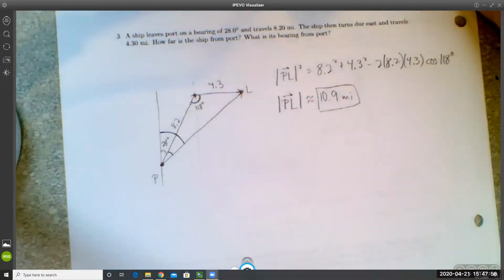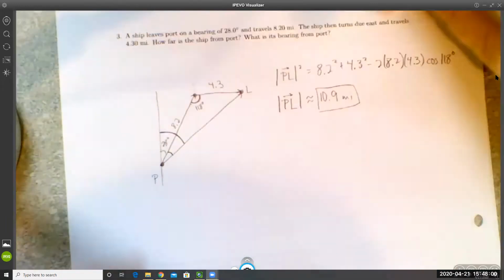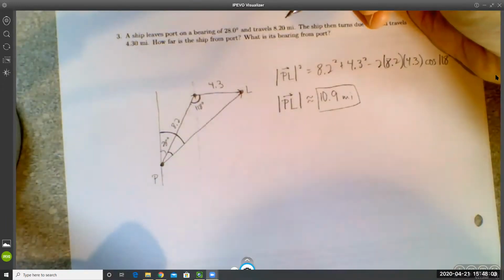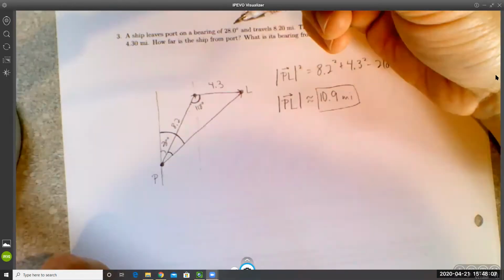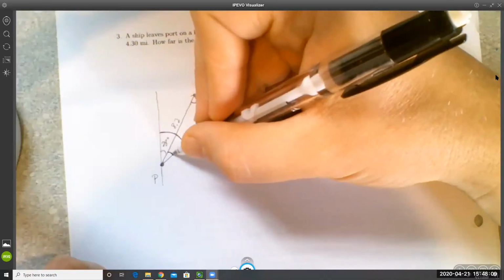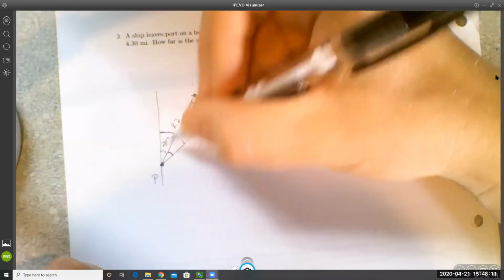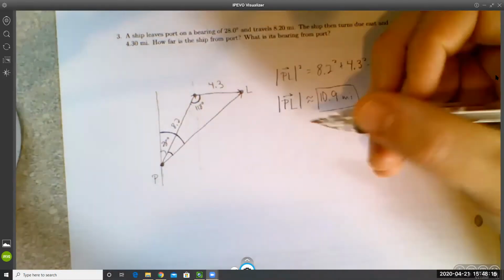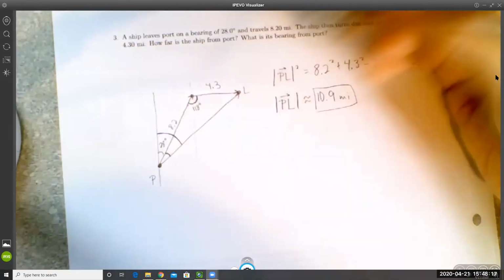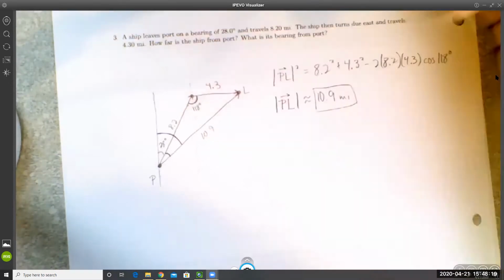I don't know if there's an easier way to do it. Maybe you can sit there and scratch your head and figure one out. I'm just going to use law of sines to find this angle, and then I can add them up to find the bearing. So employing law of sines, I know this side now is about 10.9.